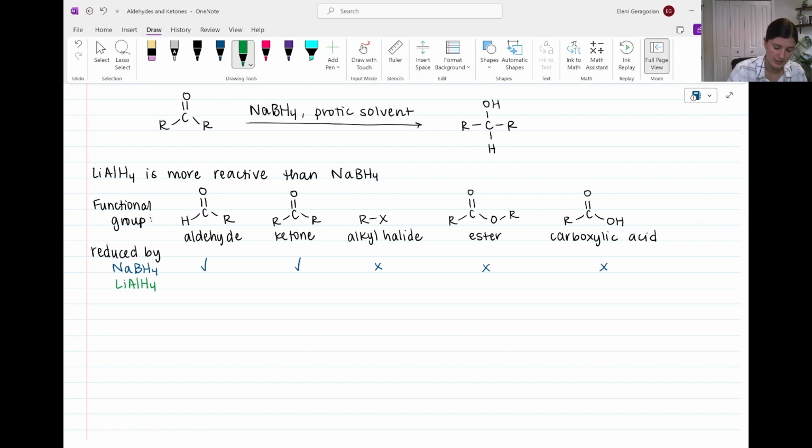Lithium aluminum hydride, on the other hand, can reduce aldehydes and ketones, an alkyl halide, an ester, and a carboxylic acid. So depending on what functional groups you're starting with, it's important to use the reducing agent that will reduce your molecule.